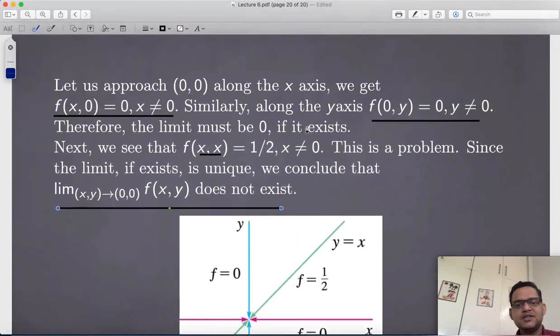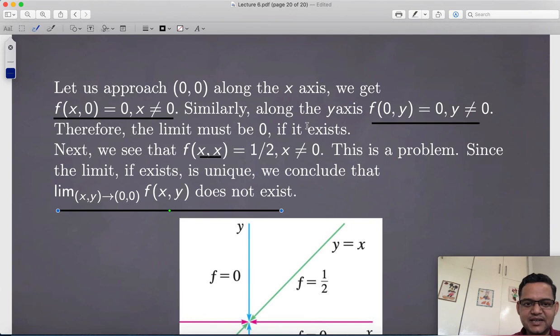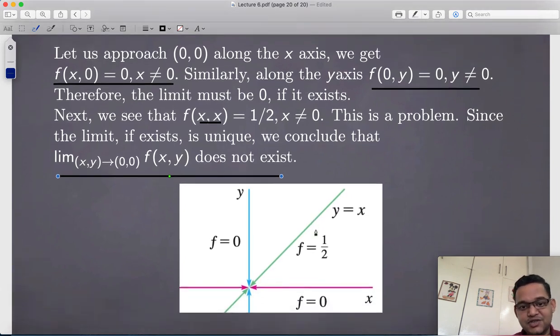So solve a lot of problems about finding limits of two variables, and you will see that there is a difference between when we dealt with functions of R, and now when we are dealing with functions of two variables, because here there are so many directions which you have to take care of simultaneously. So I stop here, and in the next lecture we will start talking about continuous functions and so on.